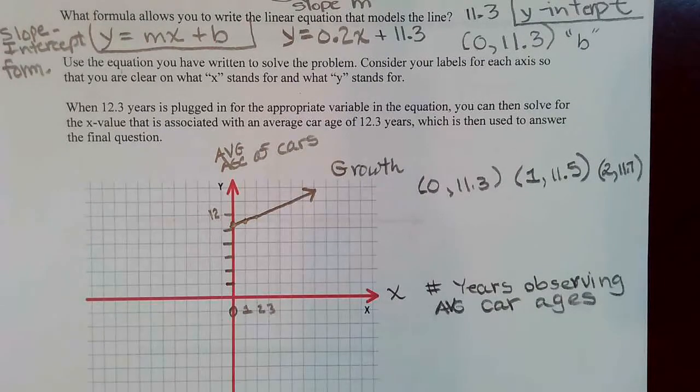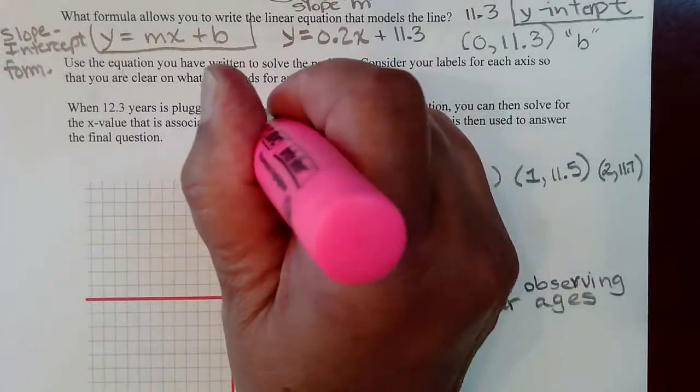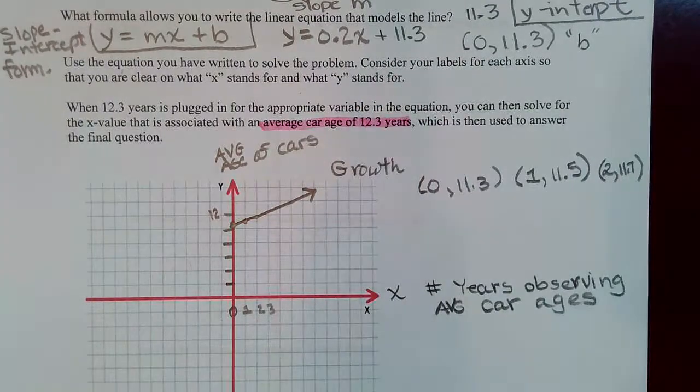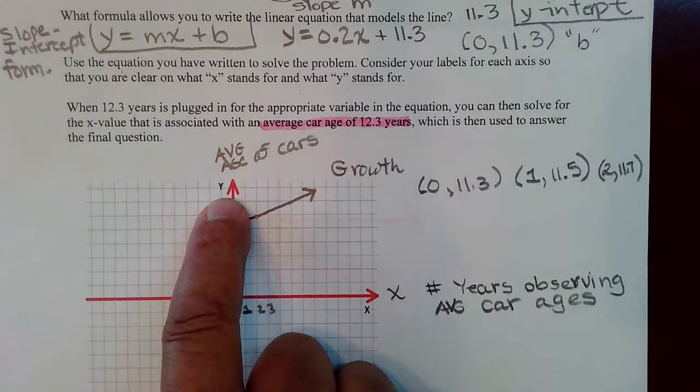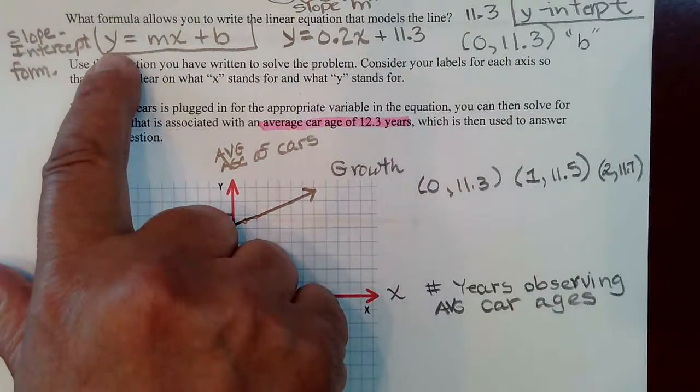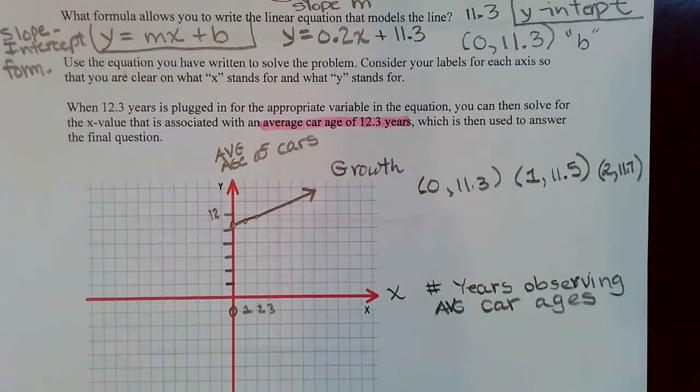So when you go to answer this question, when 12.3 years is plugged in for the appropriate variable, you can then solve for the x value that's associated with an average car age of 12.3. So they're telling you that this 12.3 is an average car age, and the y value in this equation is where you would plug it in.